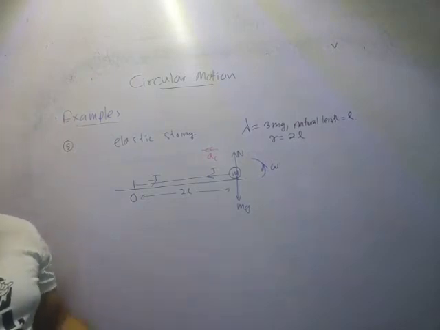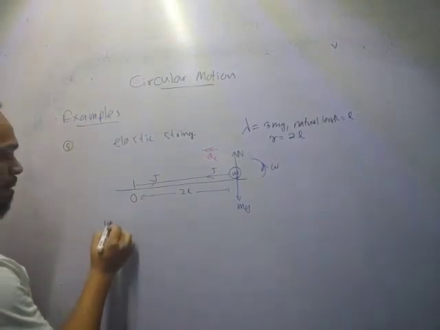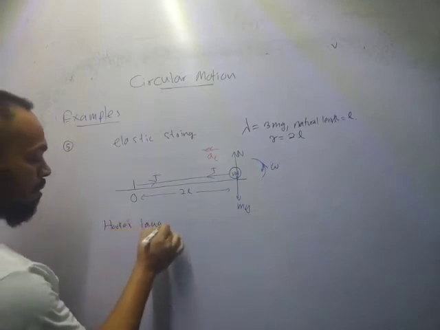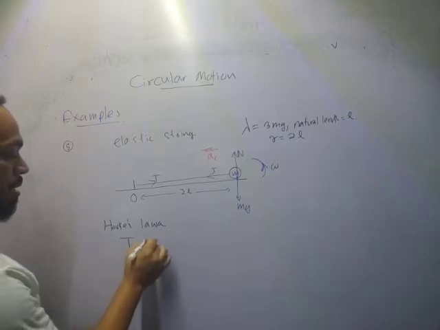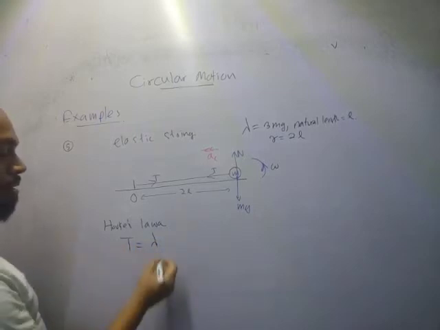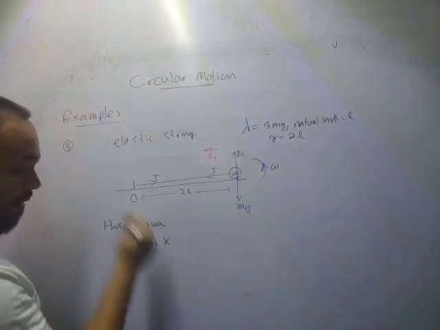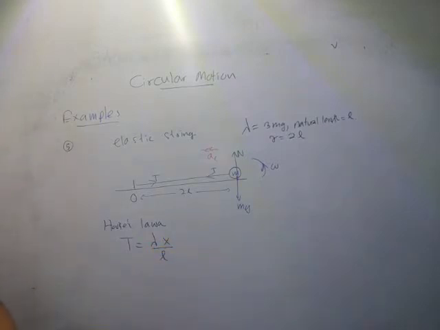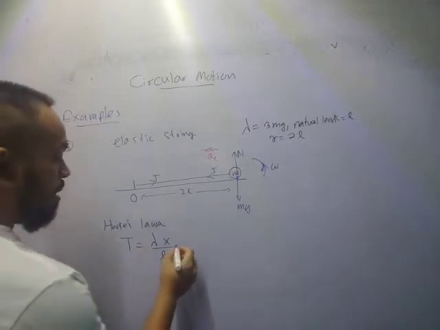Right. So in this problem, they are not asking us to find the tension, because tension can be determined using Hooke's law. So you know Hooke's law. Remember, Hooke's law: tension is equal to elastic modulus times x divided by natural length. X is the extension, extended length, right? So tension in this case can be found.